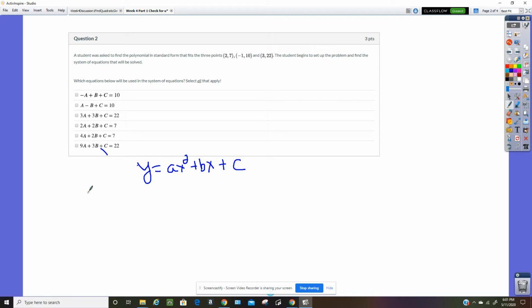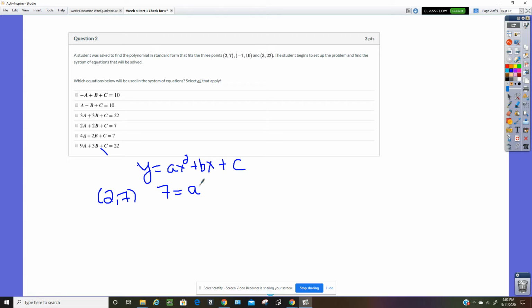I'll just do one of these equations and then you can figure out the other 2. There are going to be 3 equations here because there are 3 points. So the first one, if I do 2, 7 for my x and y values, I plug in a 7 for y and a 2 for x.